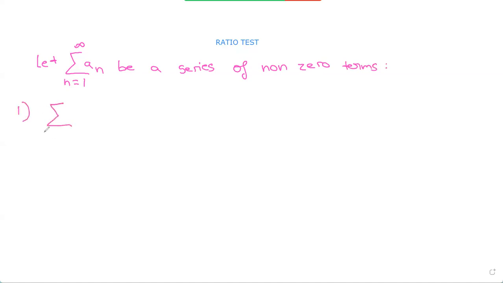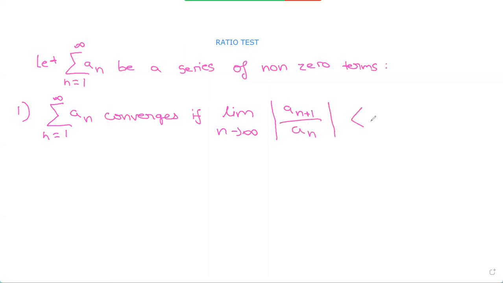Firstly, the sum from n equals 1 to infinity of a_n converges if the limit as n tends to infinity of the absolute value of a_(n+1) divided by a_n is less than 1.